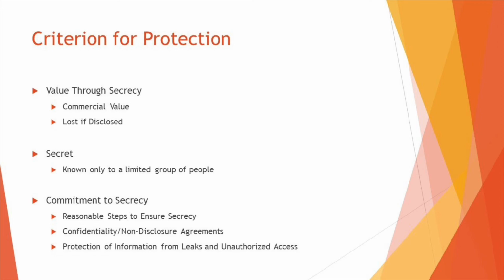You need to show that there are confidentiality or non-disclosure agreements at a minimum that keep those to whom this information is disclosed from spreading the information further. You also have to show that you've taken additional steps to protect the information from leaks and unauthorized access.